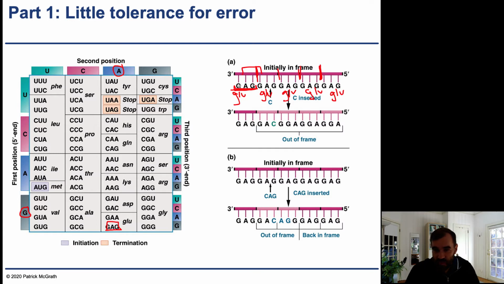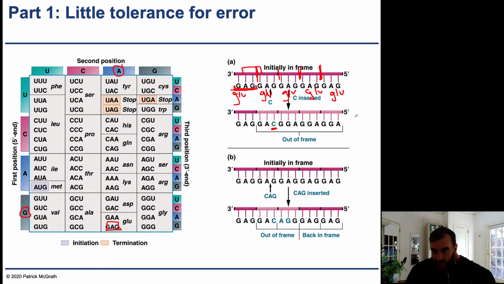So what happens if you insert a nucleotide? Here we have now added a C nucleotide into the DNA sequence. What happens to the protein that gets produced in this case?